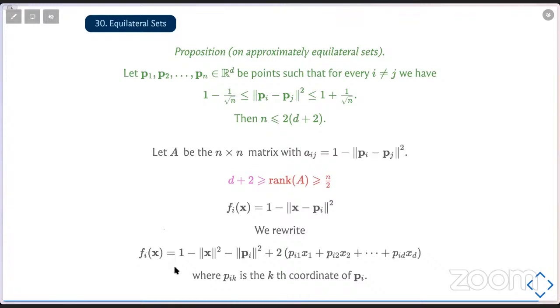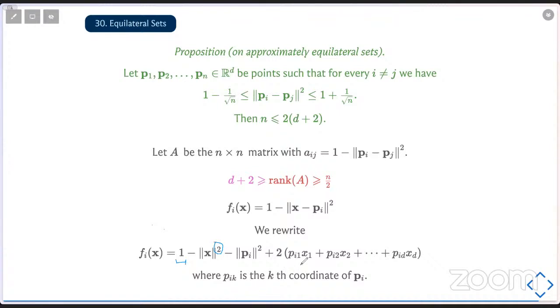So Fi can be written as, well, this is just expanding out this square term here. Is it visibly clear that Fi can be expressed as a linear combination of a small set of functions? We have a constant term in Fi. We have this squaring business going on.